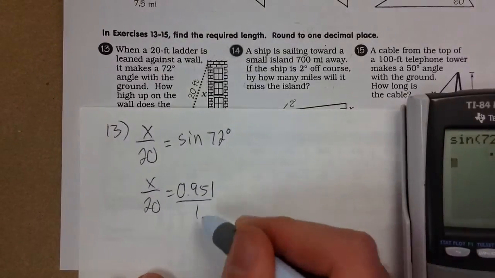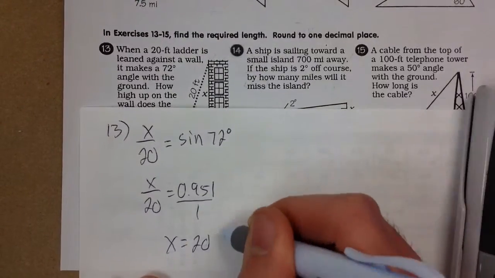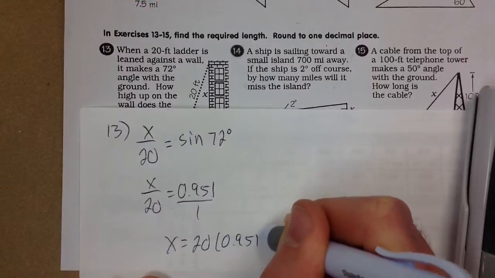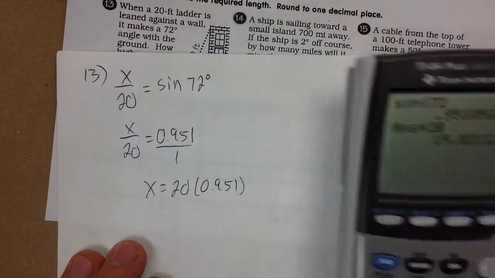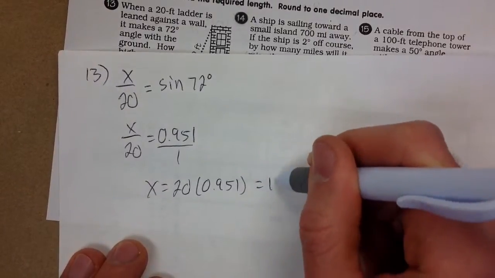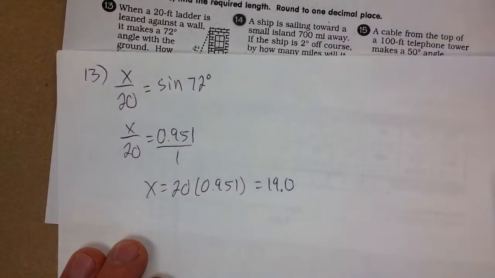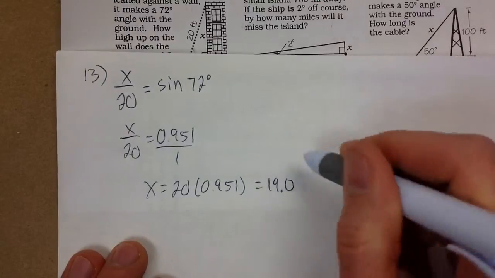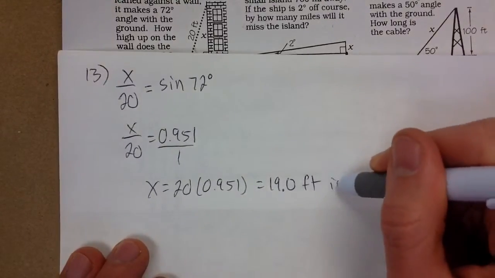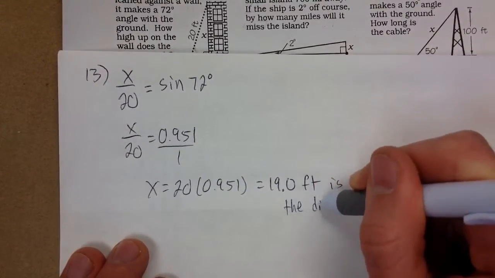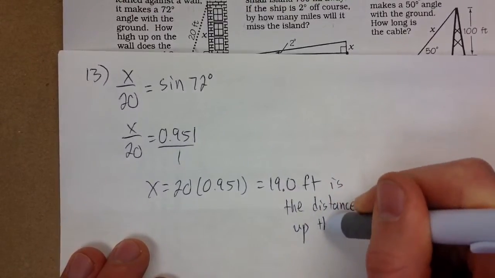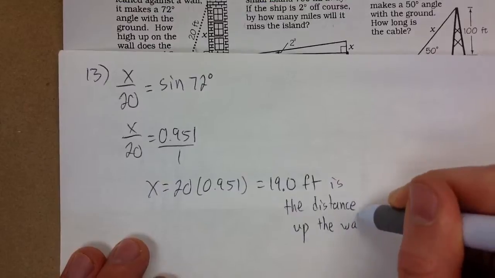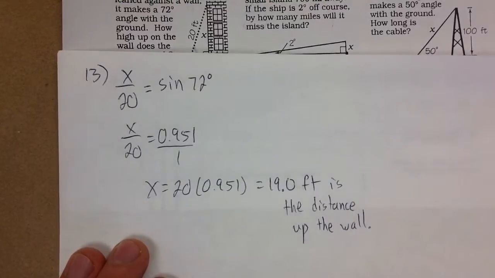Mm-hmm. And so then x equals 19. Good. Units, Vicky? Oh, yep. Good.